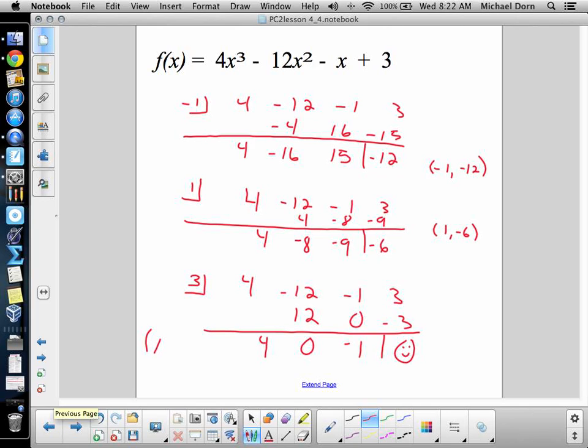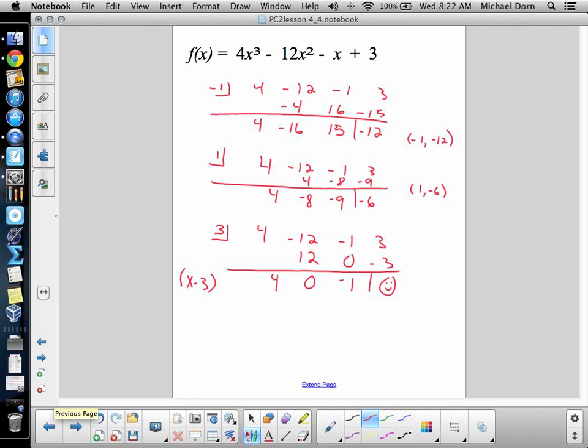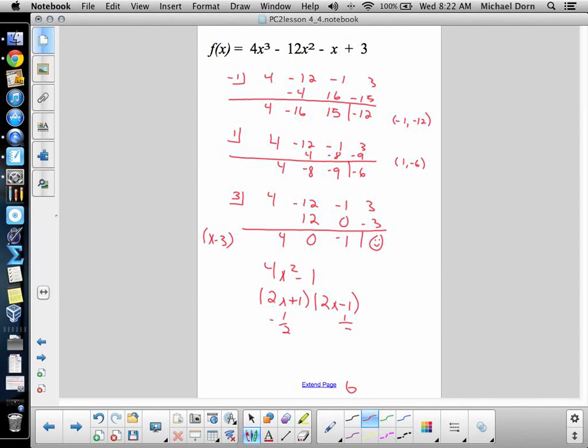So x minus 3 is a factor, which means my other polynomial here is 4x squared minus 1, which is going to factor nicely to 2x plus 1 and 2x minus 1. So my other roots are negative 1/2 and 1/2. I'd have gotten it with 1/2 too, so don't be all like, ooh, Martha, you're so off. 1/2 would have worked.